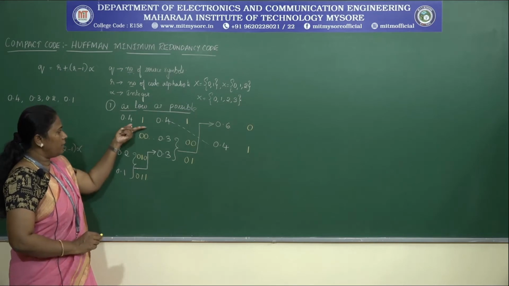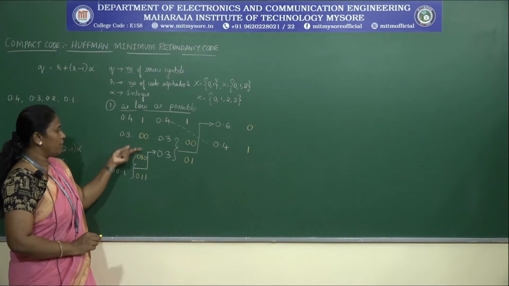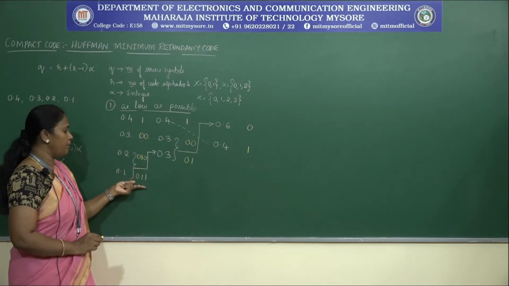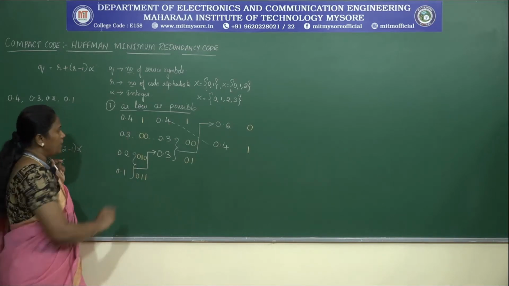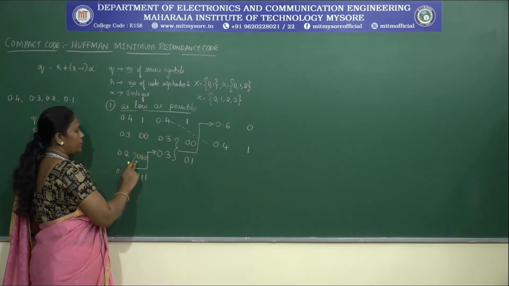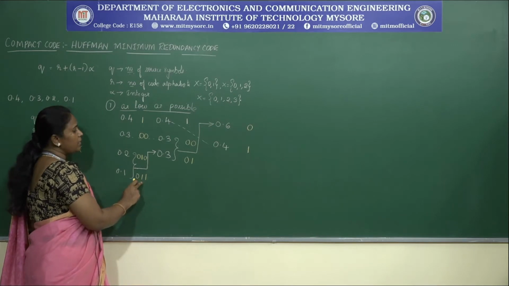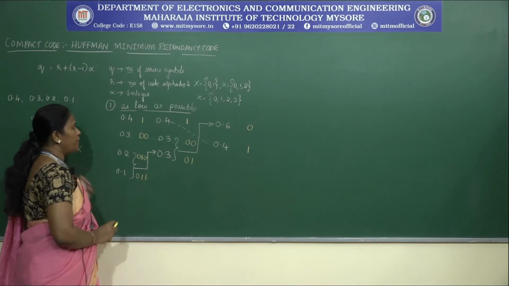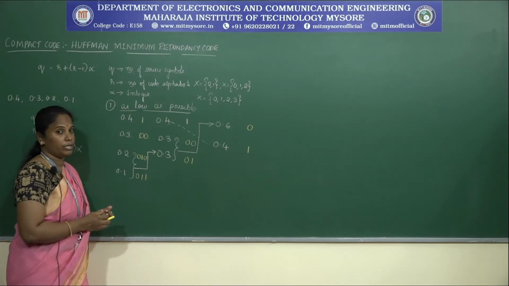We will consider the final probabilities with their corresponding code words for calculating the average length L. So 0.4's code is 1, 0.3 is 0, 0, 0.2 is 0, 1, 0, 0.1 is 0, 1, 1. This is how we perform the Huffman coding for the condition as low as possible.